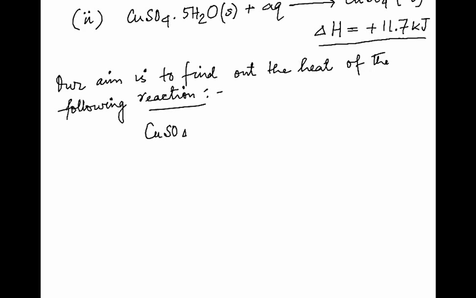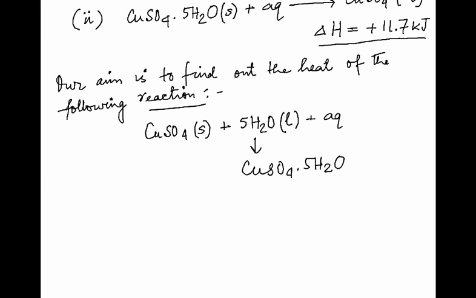We have copper sulfate solid plus 5 moles of water, 5H2O liquid, giving me copper sulfate 5H2O, which is a solid. Hence in this the 5 molecules of water of crystallization are forming the crystals of blue colored copper sulfate. So we have to find out the heat of this particular equation.